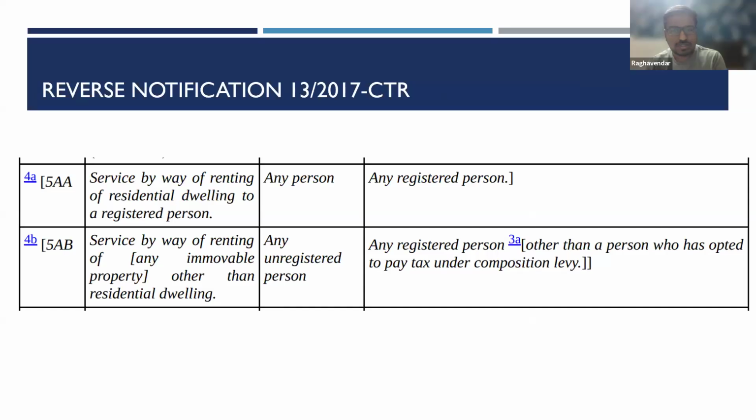If the landlord is not registered, then it will be a... sorry. Is it for a residential dwelling? Yes. Whether the landlord is registered or not registered, it will be under RCM only, not FCM. Sorry, it will be under 5AA.